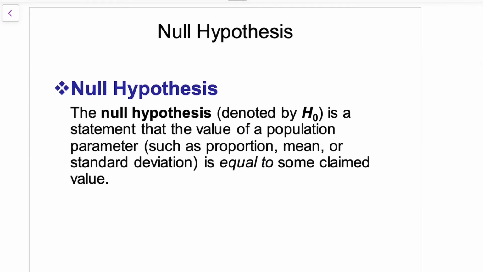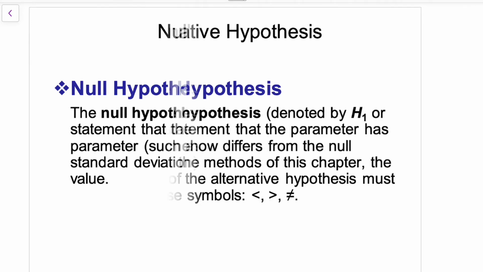And the way we do this is by developing a robust set of hypotheses. The first hypothesis we set is called the null hypothesis, which we denote as H sub 0. In the null hypothesis, we look at the statement of the value of the population parameter that is equal to some claimed value.